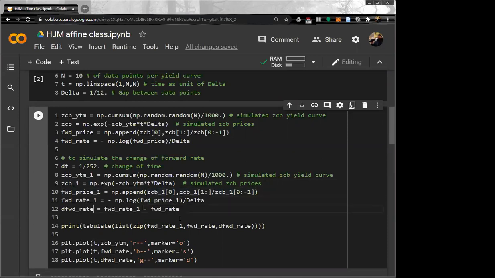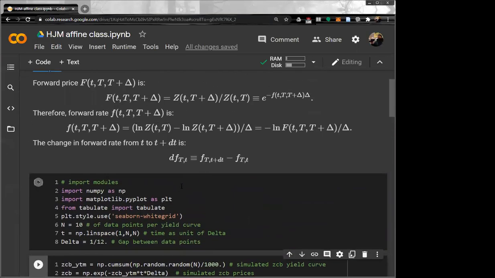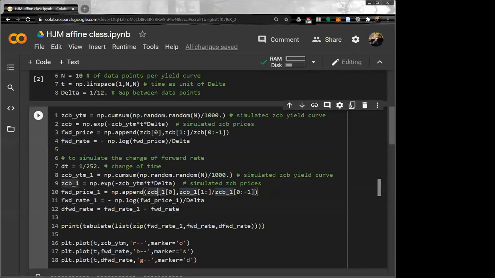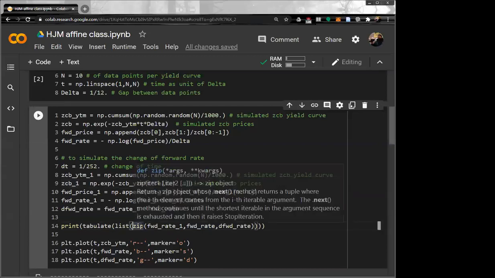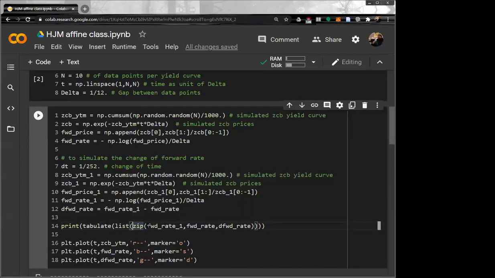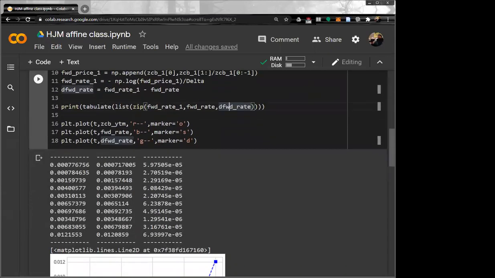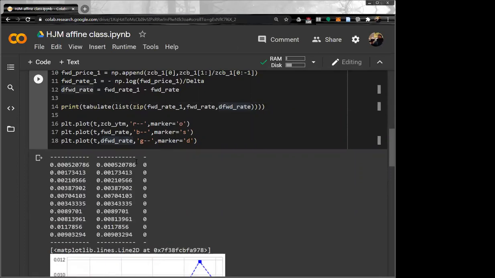And then for the price, same, tomorrow's forward rate. Now the change in forward rate is tomorrow's forward rate minus today's forward rate, like this one. So I simulate data, and then I tabulate data so that I can see tomorrow's forward rate, today's forward rate, and the change of forward rate. So print it like this. Let me run again because I changed the data.